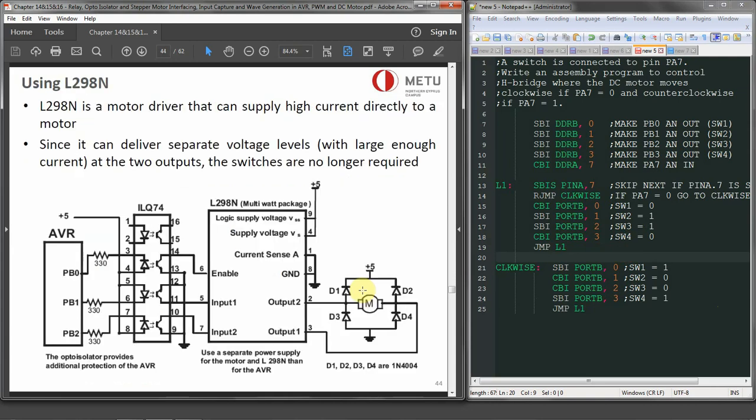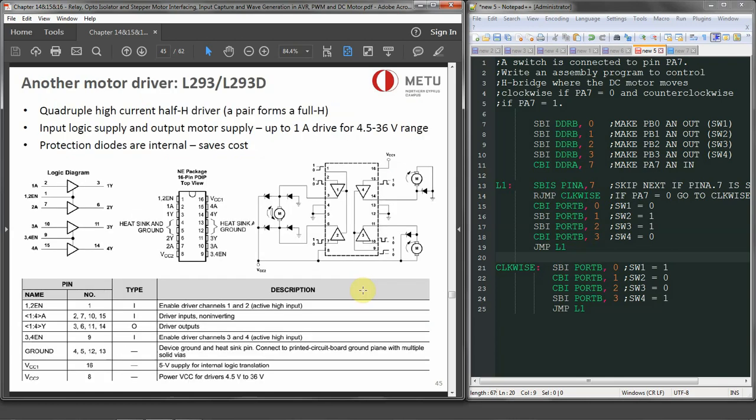So we can use a different motor driver, which is the L298N, and it can supply high current directly to the motor, so we can actually separate the voltage between the AVR and the motor itself. We no longer need switch drivers, Darlington drivers or transistors, and we can just use this L298N. Alternatively, we can also use the L293 or L293D.